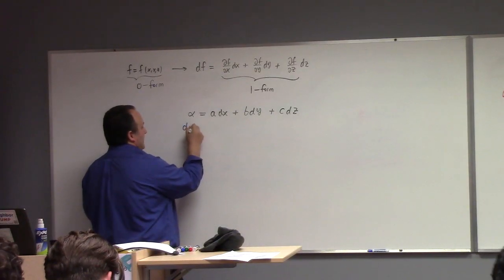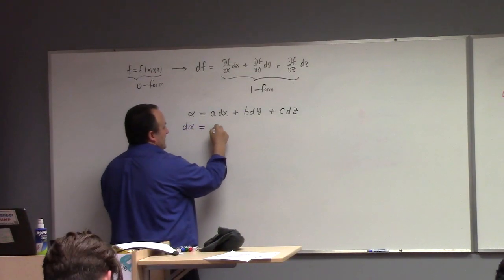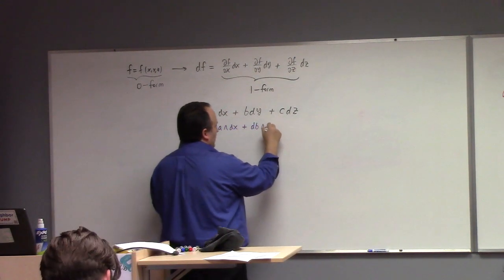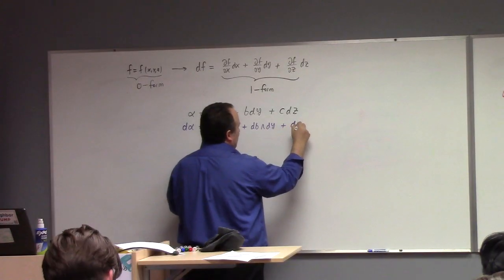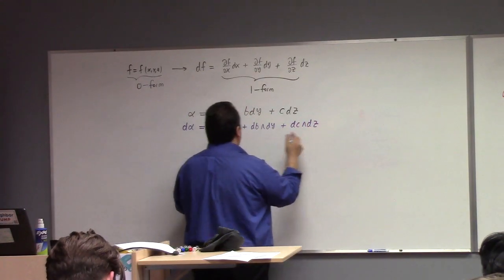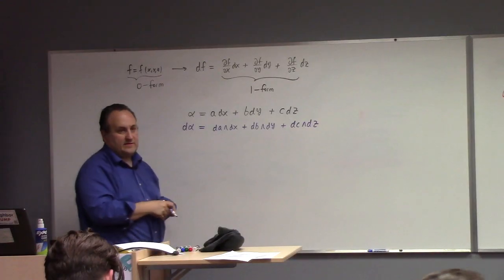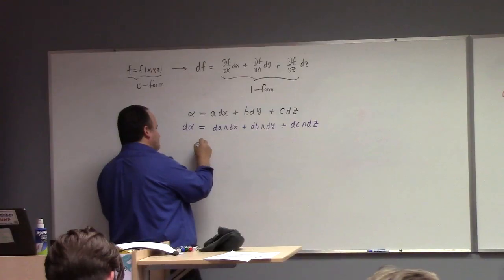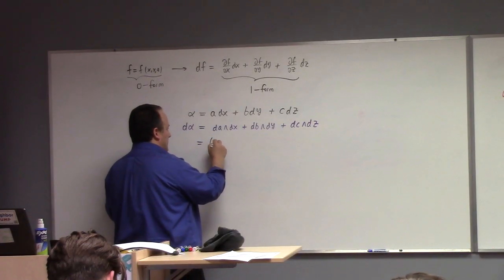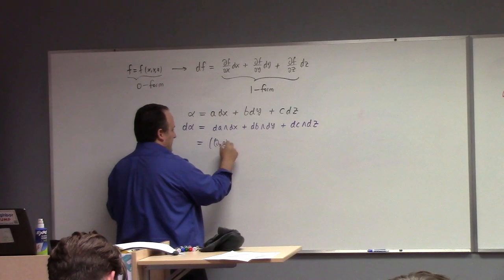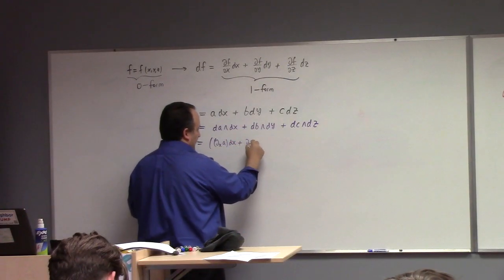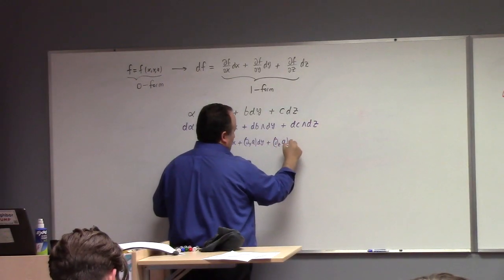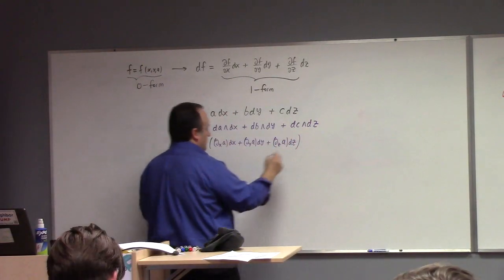So d alpha, and this is just the definition, guys, is dA wedge dx plus dB wedge dy plus dC wedge dz. Now what is this dA and dB and dC? Well, that's the total differential that you already know from calculus 3, you see. So dA is nothing more than partial x of a dx plus partial y of a dy plus partial z of a dz, wedged with dx.